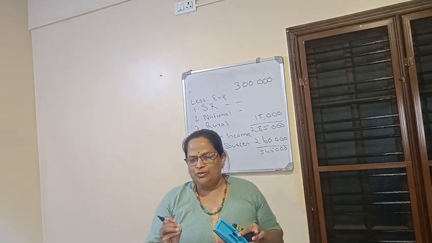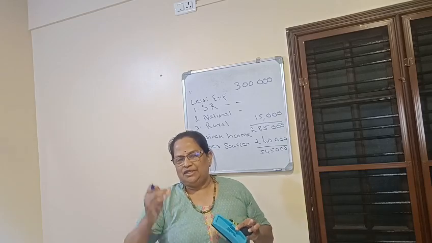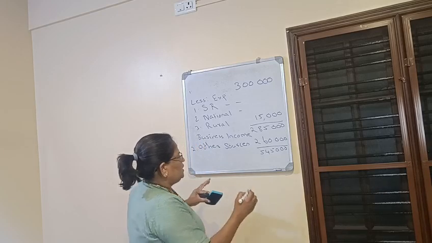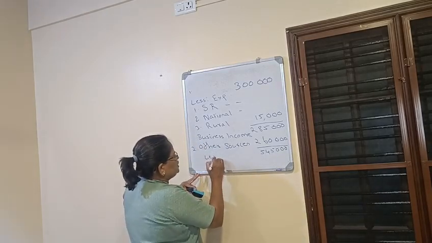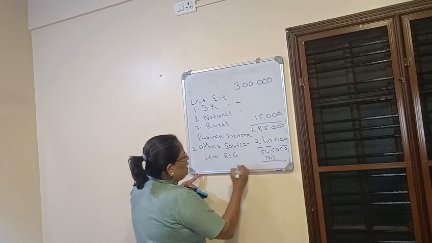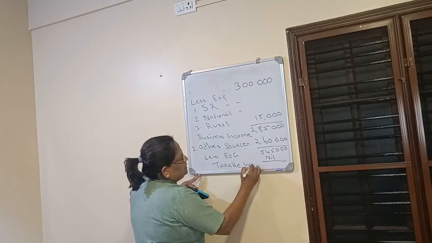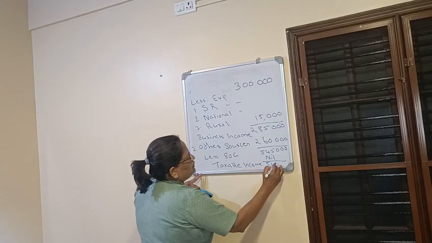Now I told you the Kashmir Chief Minister's Flood Relief Fund is not allowed as per 80G. That item is not listed. So the taxable income, less deductions under section 80G, is nil, because it's a disallowed item. So taxable income is 5,45,000.